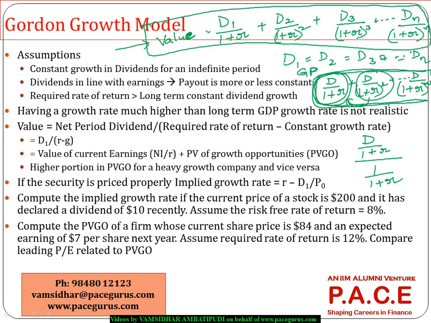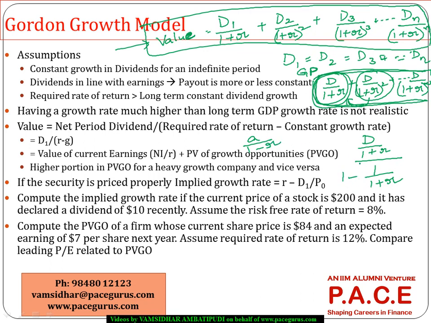You see, the sum of infinite terms of a geometric progression is a by (1 minus r): the first term divided by 1 minus the common ratio.